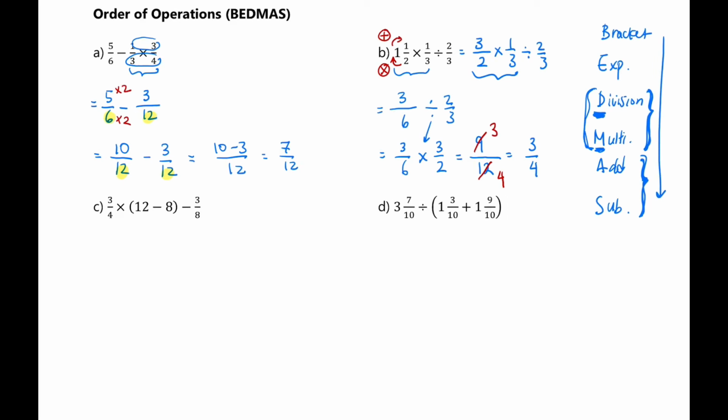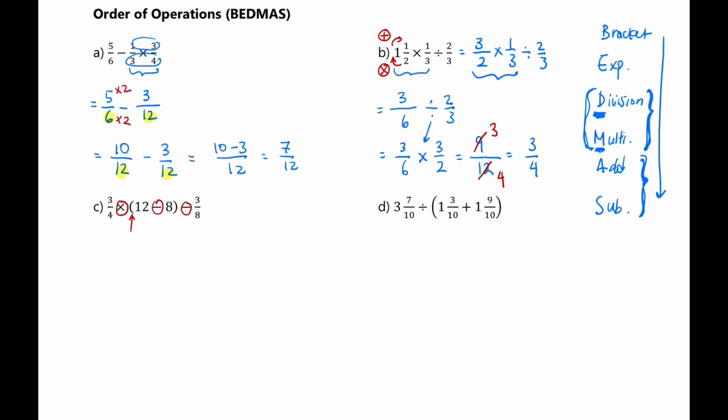All right, part C. 3 over 4 times 12 minus 8 minus 3 over 8. Okay, so this time, let's take a look at the order of BEDMAS again. So it looks like we have multiplication, we have an operation here, but we also have a bracket here.